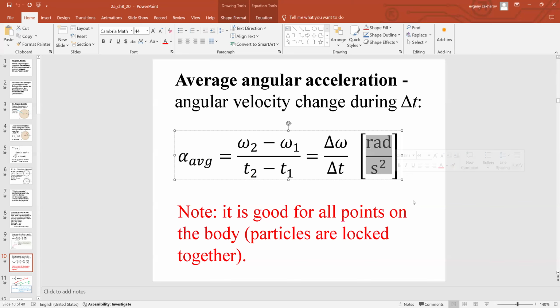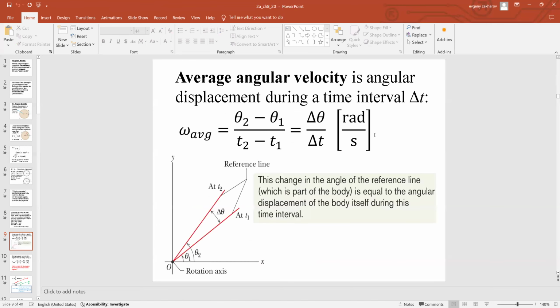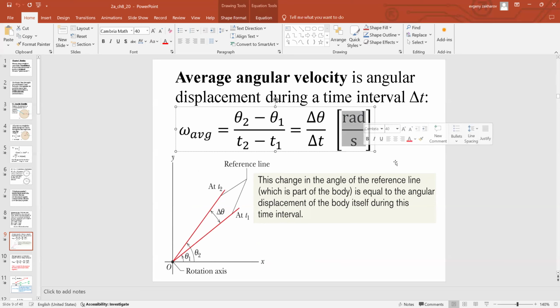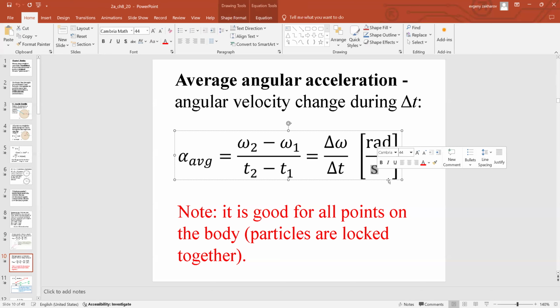Units are radians per second, because it was radians per second for angular velocity, and then you have to divide by time once again. You have to say radians per second, and that makes it second squared.